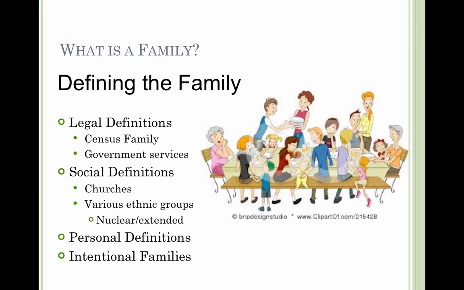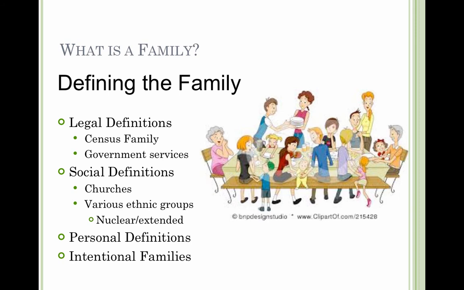One is called the nuclear family, and this is a family consisting of a husband and wife and their children. It's also often called the standard North American family. It forms the basis of what advocates call traditional family values. A family of orientation is the family that we were born into and raised in. And a family of procreation is the family that we form through marriage or cohabitation.